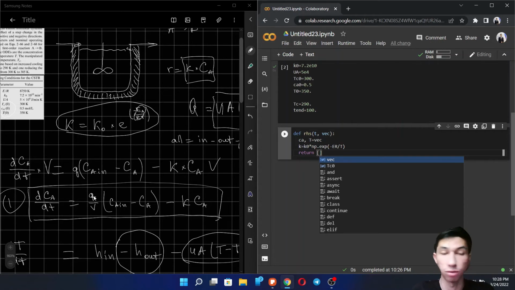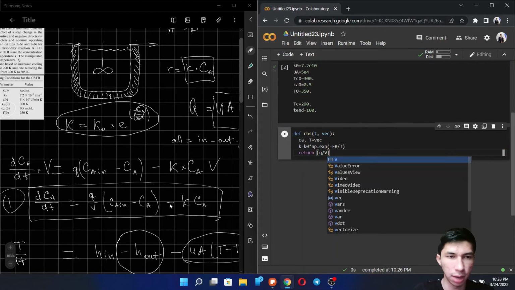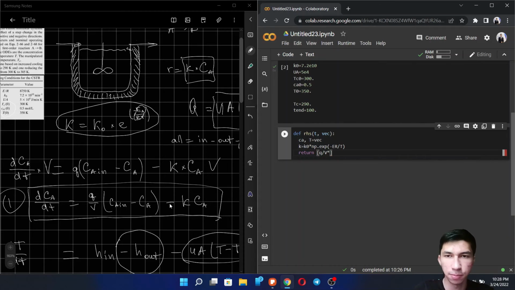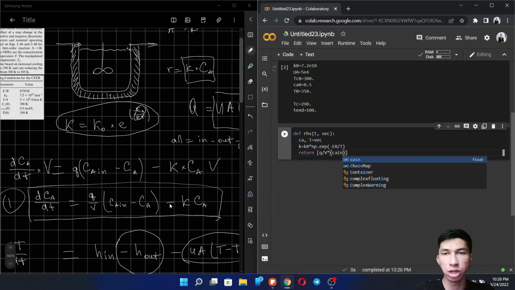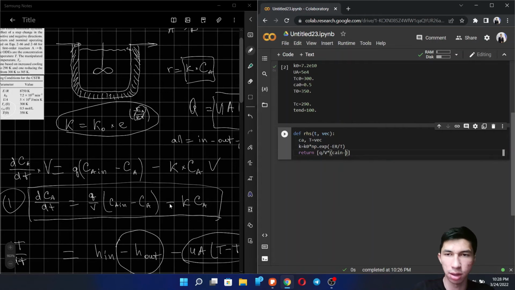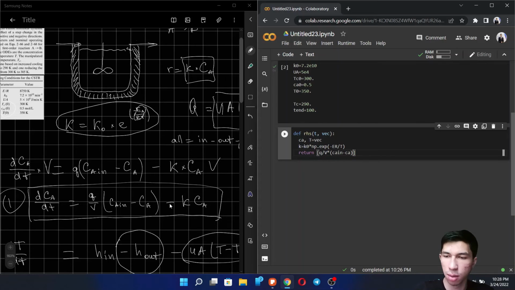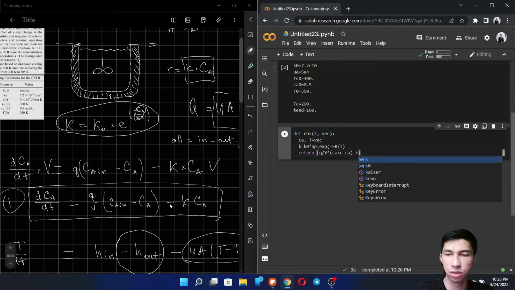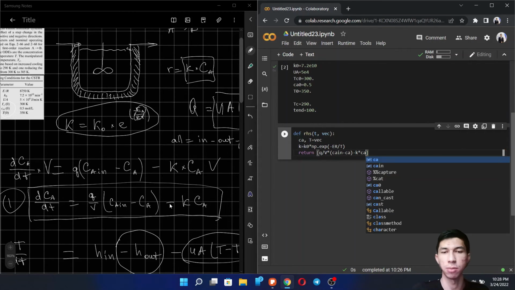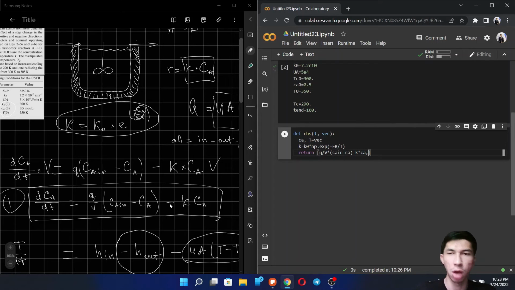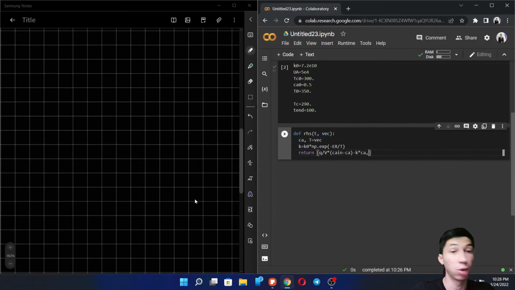The right-hand side of our first differential equation is going to be Q over V times concentration of A going in minus concentration of A going out, minus k times Ca, which is our rate of reaction. So this is the first differential equation.